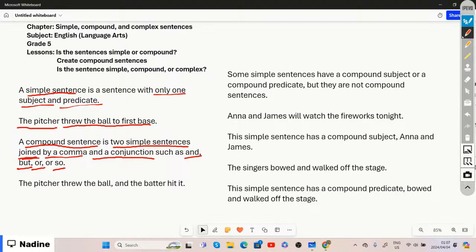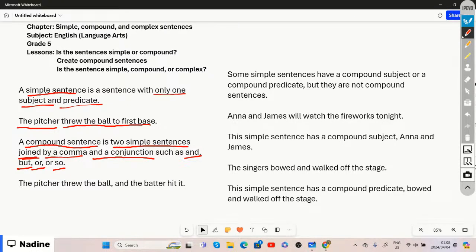Predicate is like your verb. Subject tells you either who or what is doing the action within a sentence. The subject can be a person or an animal or a thing that does the action within a sentence.